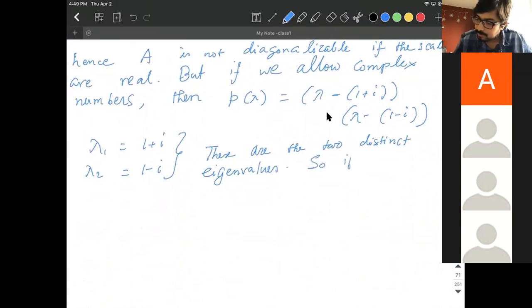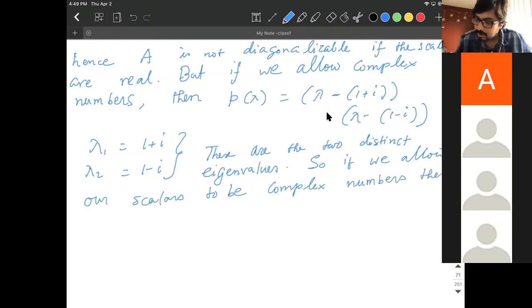So if we allow our scalars to be complex numbers, then A is diagonalizable by a previous fact.